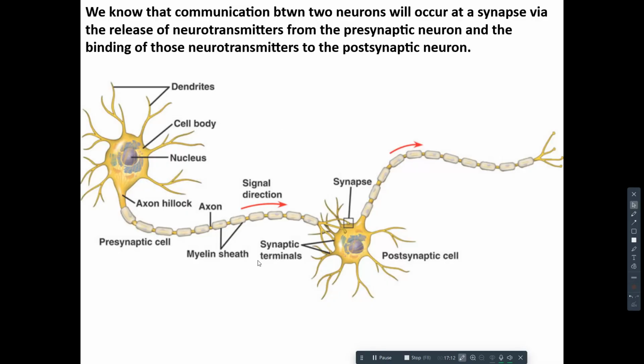What I want to talk about now is how neurons communicate. So we know that communication between neurons happens at a synapse, where the presynaptic neuron releases chemical signals called neurotransmitters, and those chemical signals bind to the postsynaptic neuron.